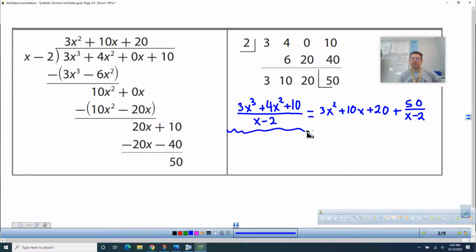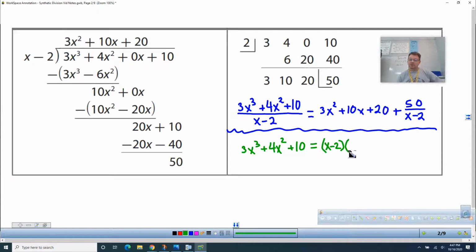Okay, then another way we could write that would be, we said that the dividend, 3x to the third plus 4x squared plus 10, is equal to the divisor, x minus 2, times the quotient, which is 3x squared plus 10x plus 20, plus the remainder, and that's just straight 50, not 50 over x minus 2 this time.